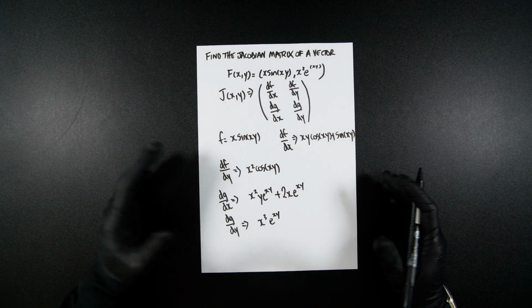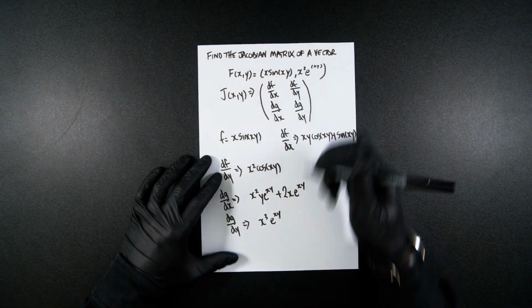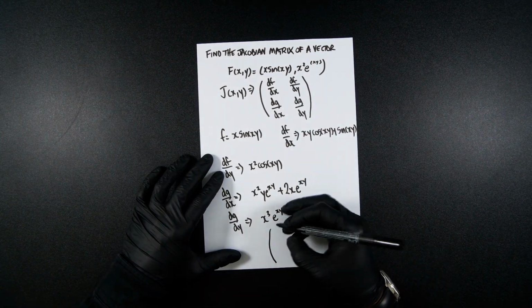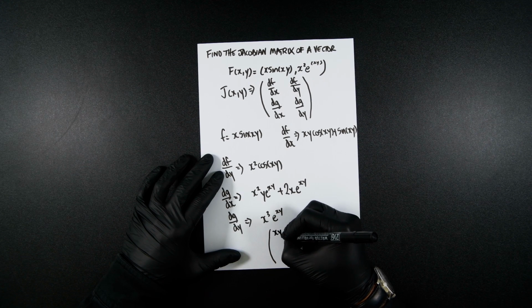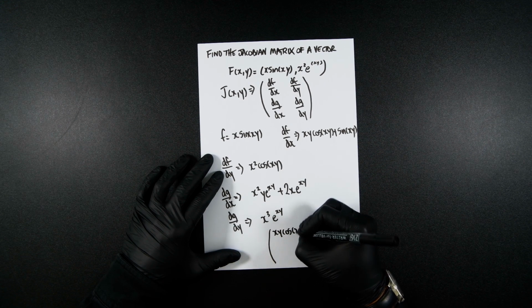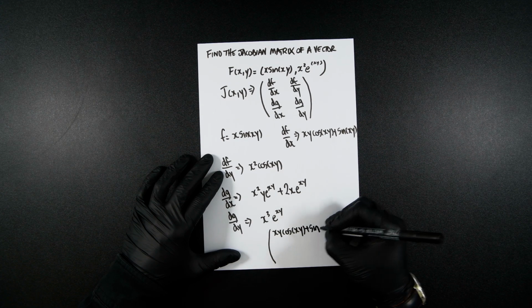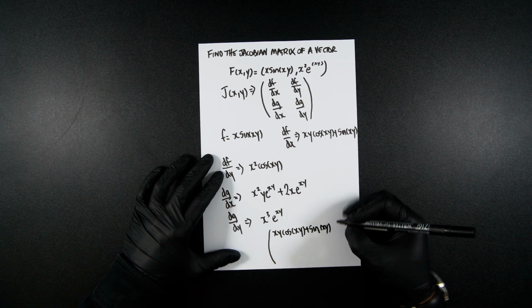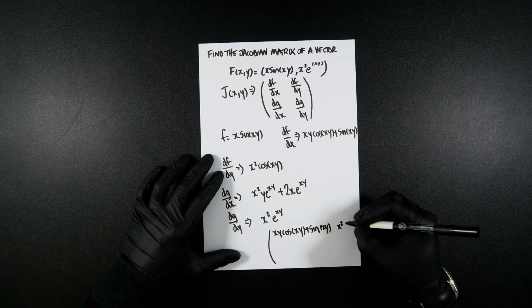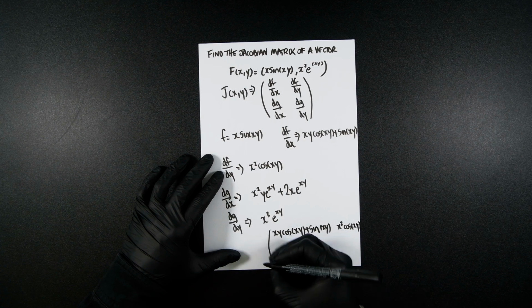Now, all you have to do is plug them in here. So df/dx is xy cos xy plus sine xy. Here would be x squared cos xy.